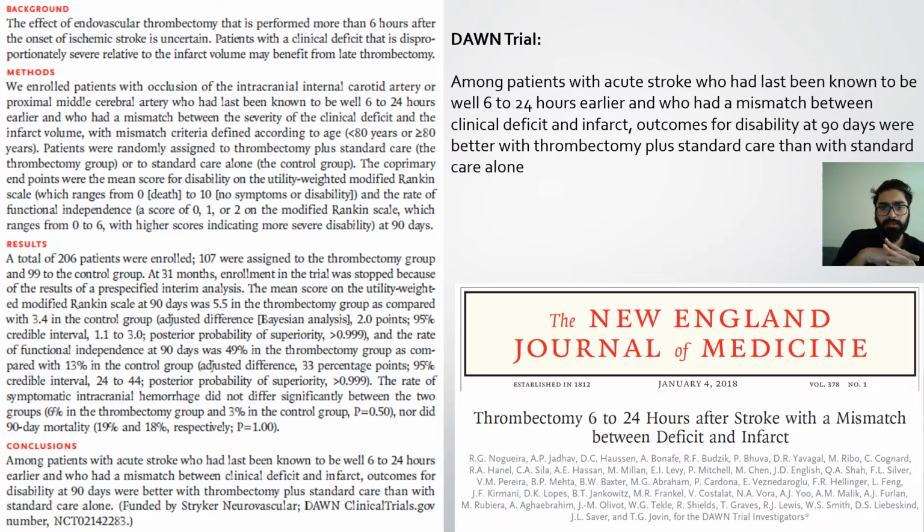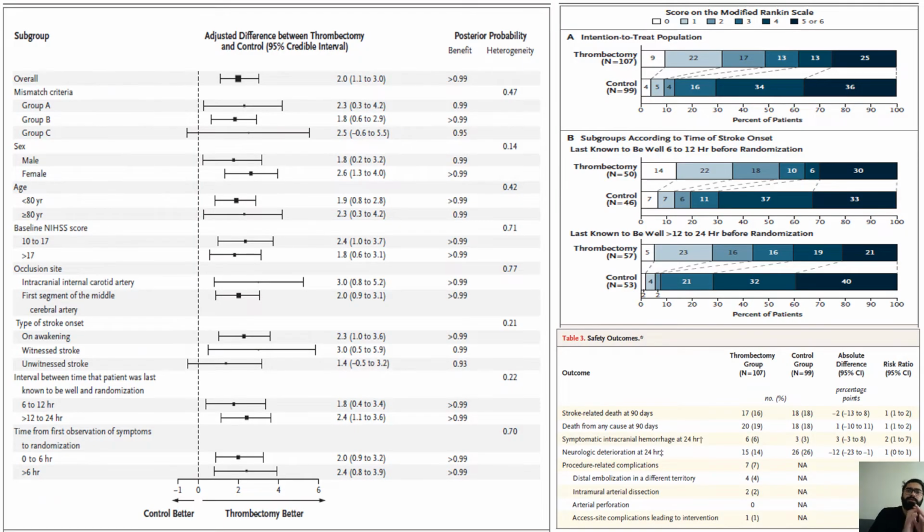Their analysis suggested that at 90 days there was a better functional outcome with extending the time window as well. So the results from their trial, as you can see, are also favoring thrombectomy versus the standard therapy alone.